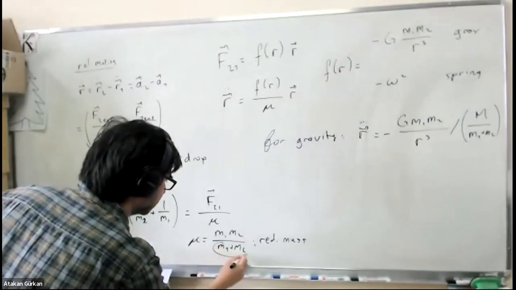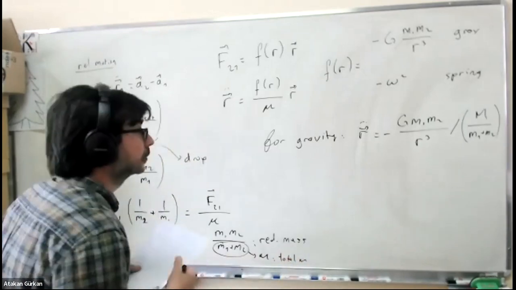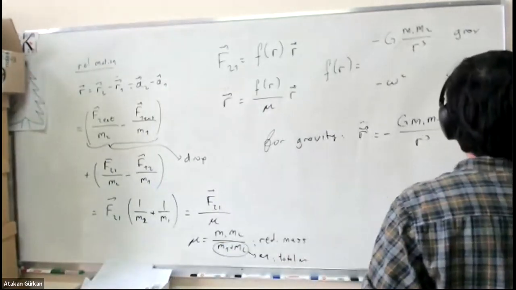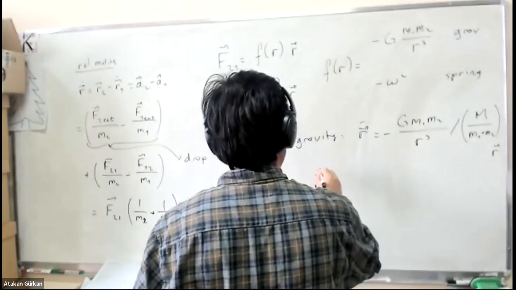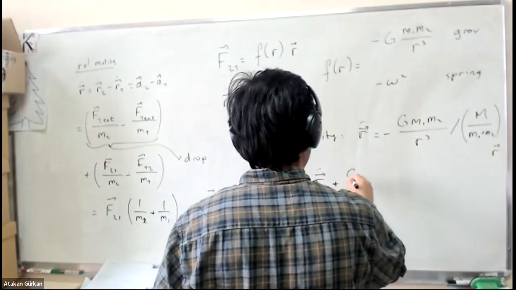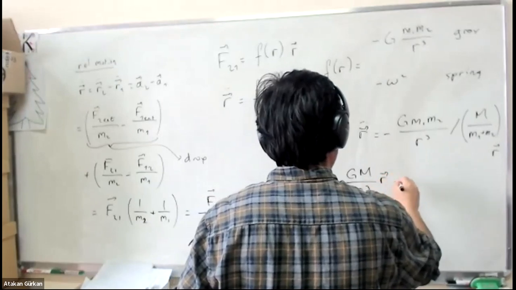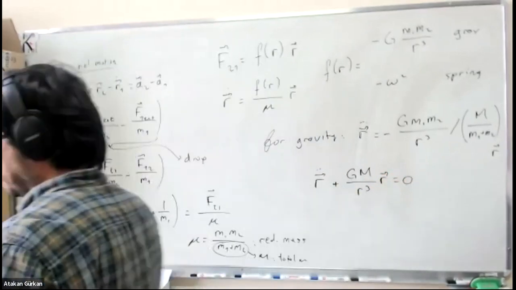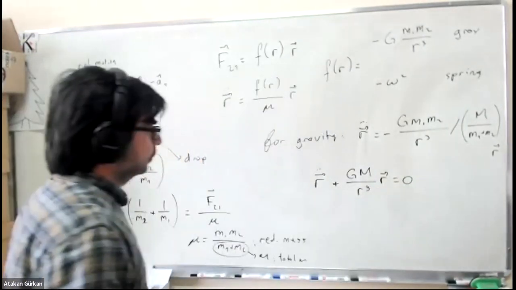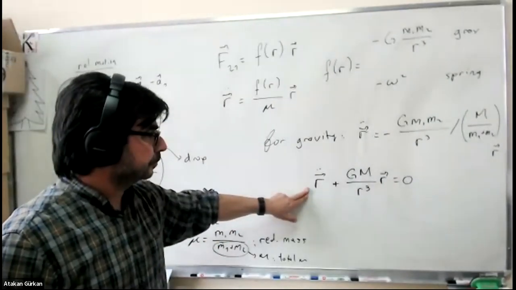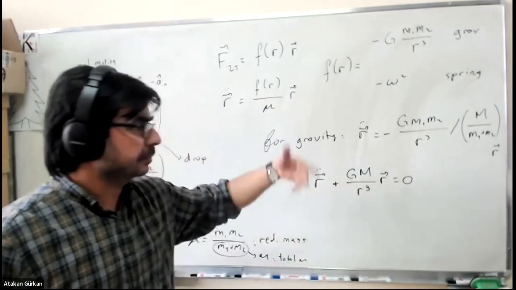This one I'm calling just M, the total mass, times r here. So the equation we get is r double dot plus GM over r cubed r is 0. So it looks like the relative motion is driven by some central mass of capital M, the total mass.